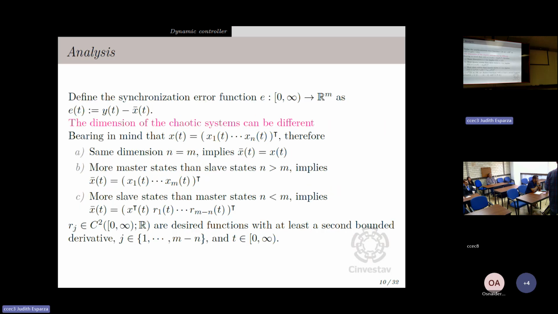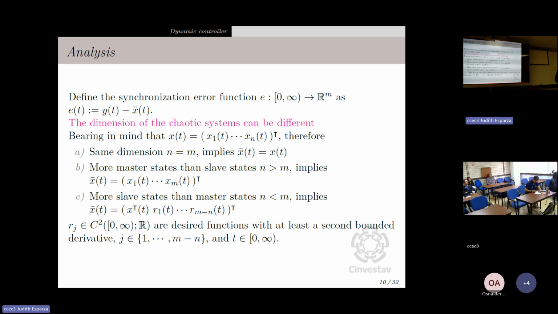So we analyze how to obtain the dynamic controller result. In this sense, we define the error function like this: y minus x bar. This variable is constructed in order to handle different dimensions. In what sense? We have three cases.